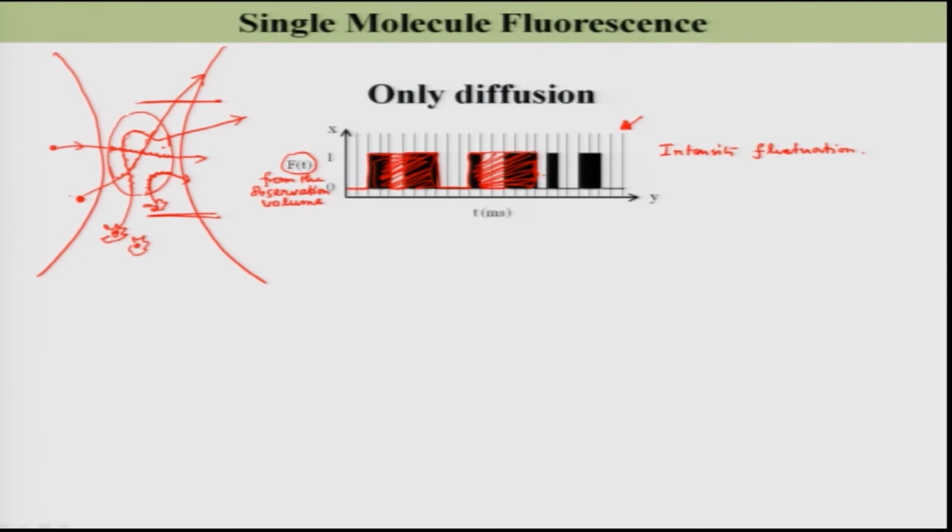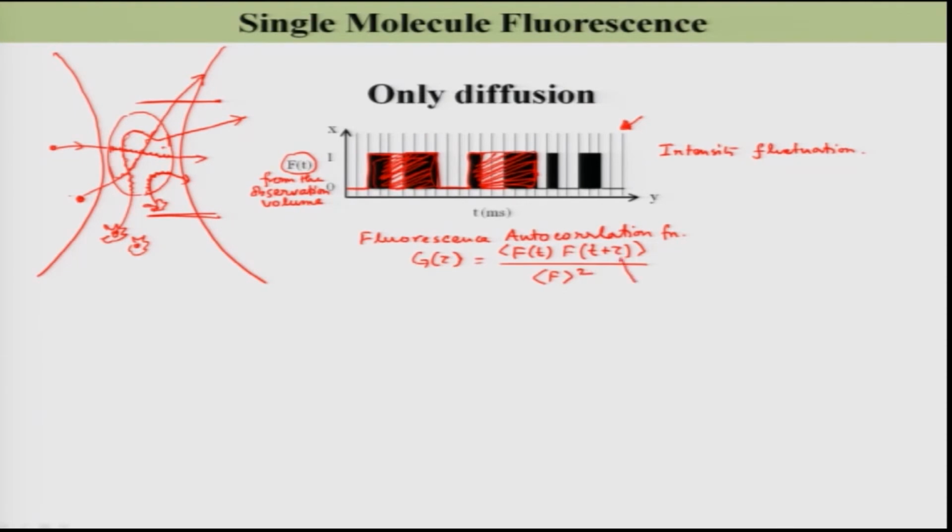And that self similarity is expressed by this fluorescence autocorrelation function, which is denoted as g tau and defined as the average of fluorescence intensity at time t times fluorescence intensity at time t plus tau, divided by the average fluorescence intensity squared.